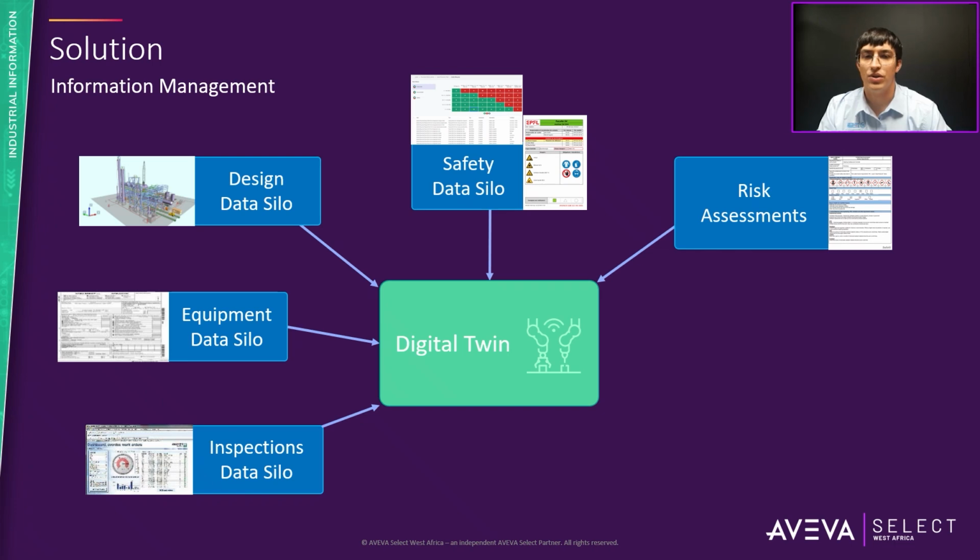This solution ensures universal access to engineering and asset information, enabling organizations to make faster and more reliable decisions based on actionable and contextualized information. It turns data from multiple information sources and systems into trusted, actionable insights, identifying and cross-referencing all the relationships between the equipment, documents, drawings, and various data formats, all available from a single platform.